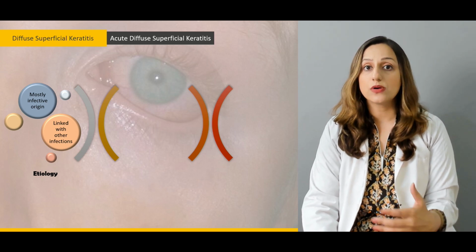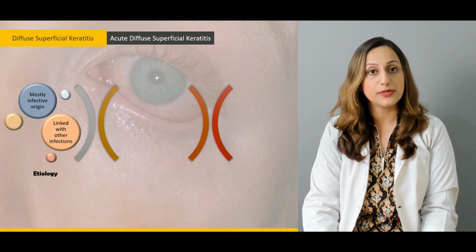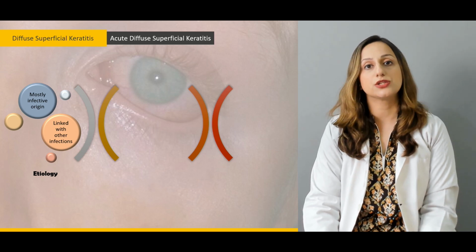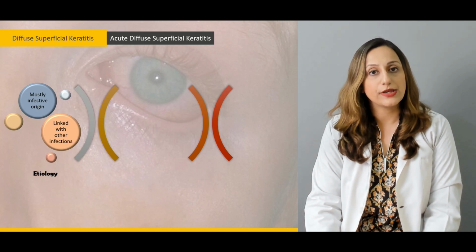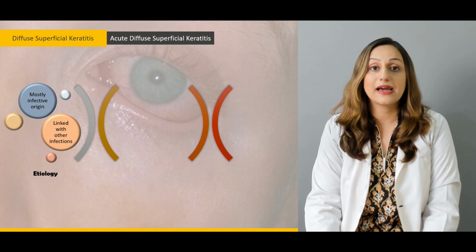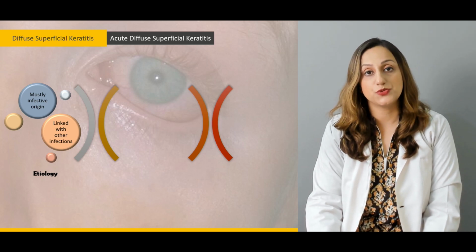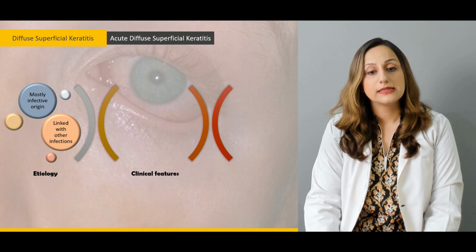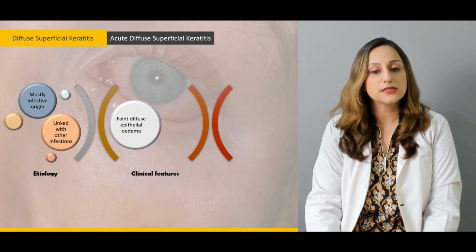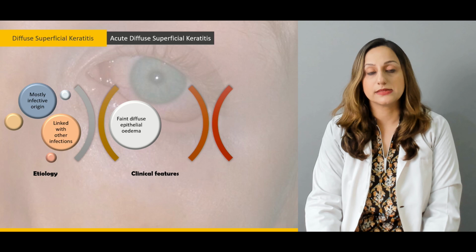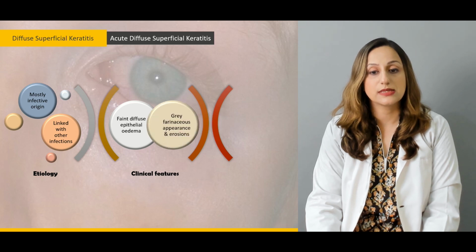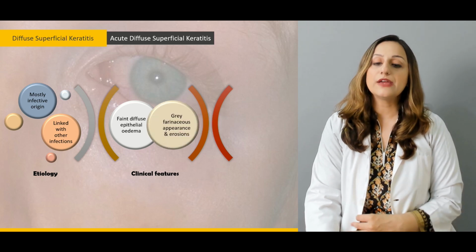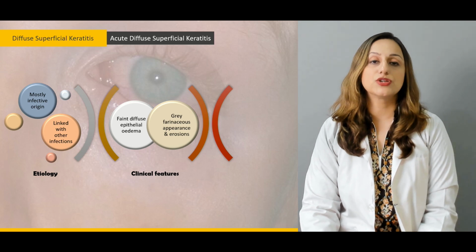treatment. So you would examine the patient in detail, and depending upon the condition of the cornea, you would suggest the kind of treatment that should be given. The clinical features would be a faint diffuse epithelial edema that you would notice in these patients. Usually there is a gray appearance and just erosions.